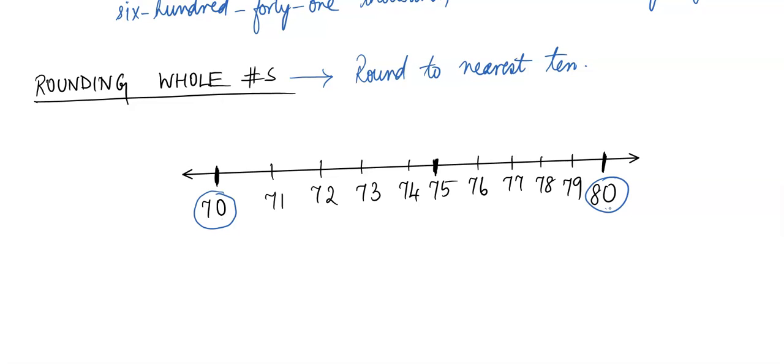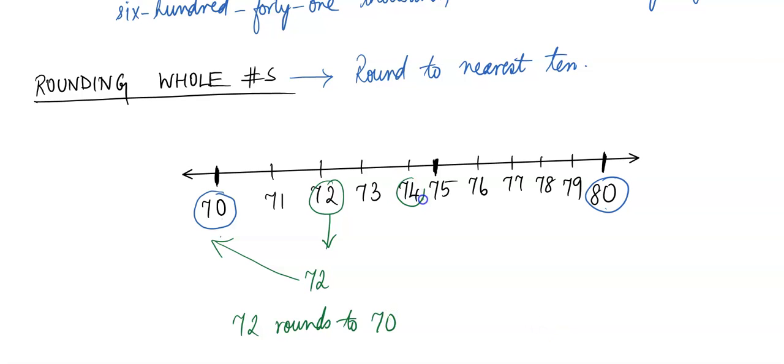If I were given, say, the number 72, then I look for the closest 10 for 72. The closest 10 is 70, right? So 72 rounds to 70.